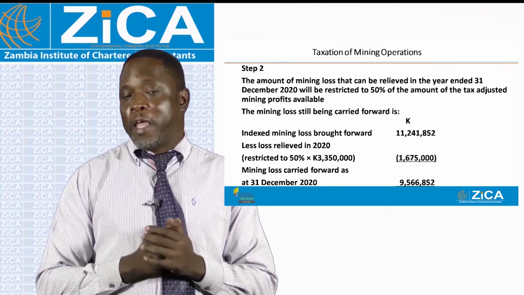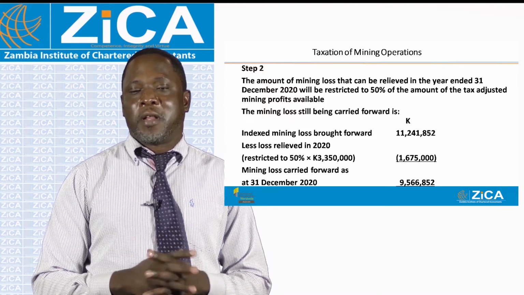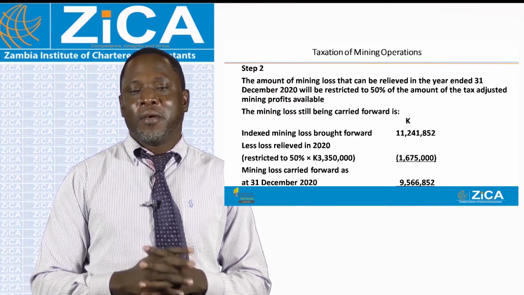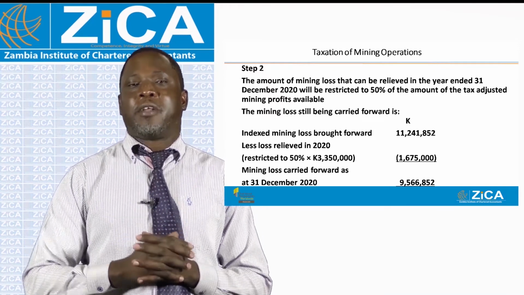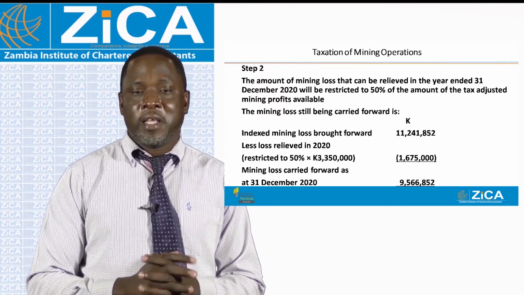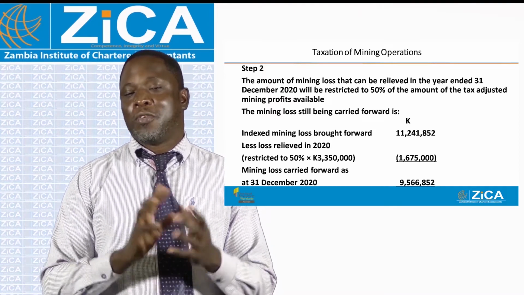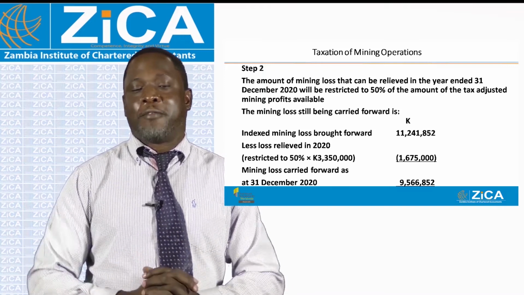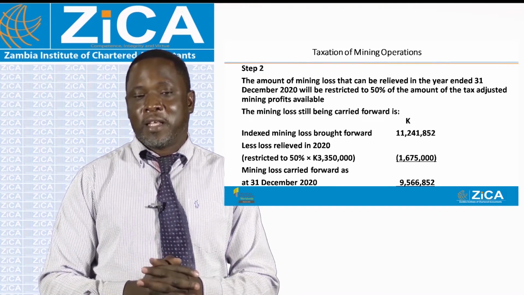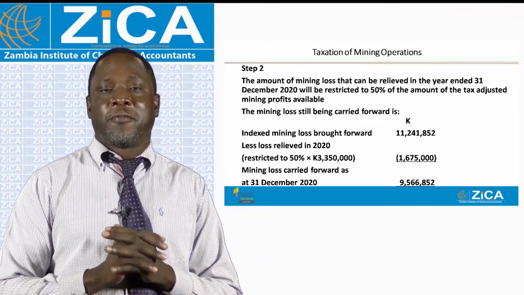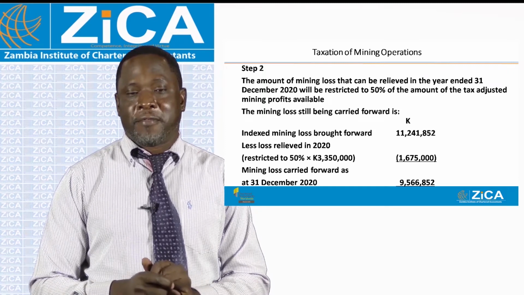of course, we have the indexed mining loss brought forward, which was 11,241,852. We are saying profits we made in the current year, tax year 2020, the profit was 3,350. We can't use the whole profits to offset the loss suffered in an earlier year. We are only permitted to use 50% of that, such that when we say 50% of 3,350, that is giving us 1,675,000.